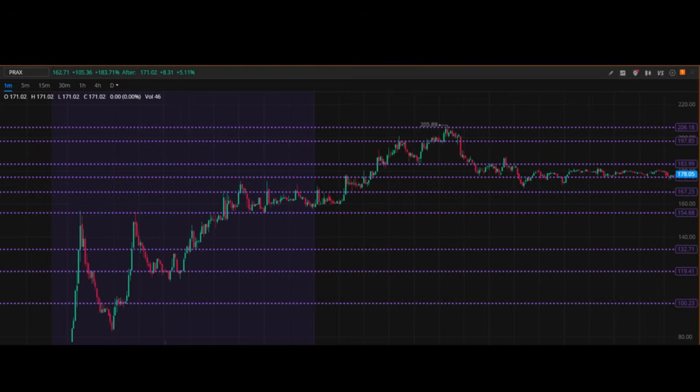I don't want to drag the video on too long, but this is essentially how I trade. And not just myself, but a lot of people trade like this too, where they use levels, guys. A lot of people who day trade just buy randomly.